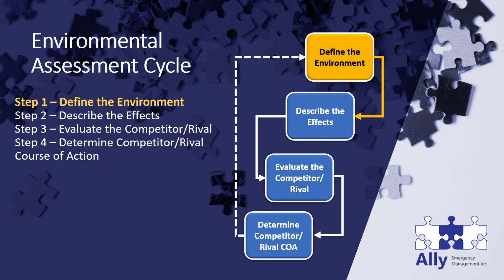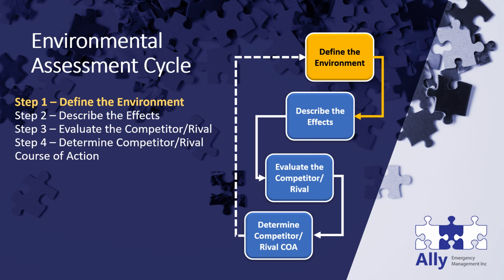So let's talk about defining the environment. And what this is doing is it's a process that we try to understand the specific people or social or economic aspects that are applicable to the problem that you're trying to solve. And there's no right answer. This is a process you have to go through and think about the elements that might influence your operations.